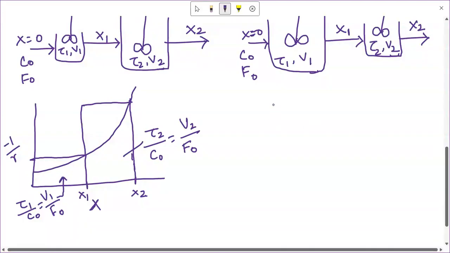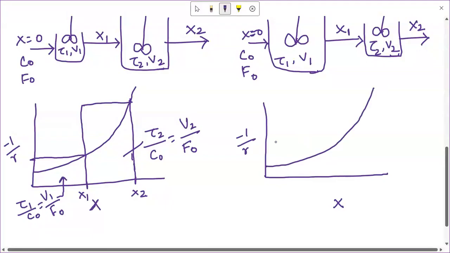Same thing if you do for the second case. Again, you draw conversion x on the x-axis, and on the y-axis we have minus 1 by r, and we have the same rate curve. Then from the first reactor we have conversion x1, and from the second we have conversion x2.